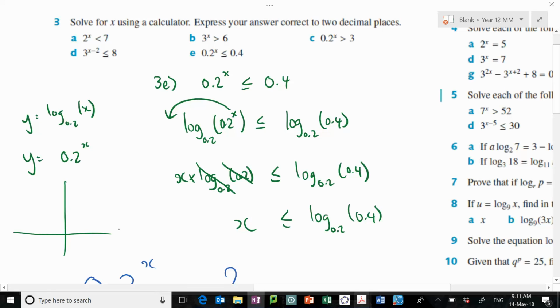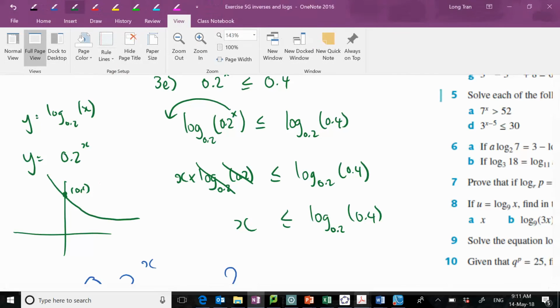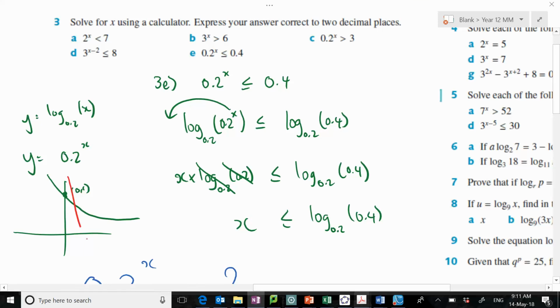Analyze that graph. Now 0.2 to the power of x will look like this. Decreases, but the y-intercept is still (0, 1). So if you draw the inverse function to this, which I'll do in red, it's still (1, 0). So if you do (1, 0) there, and you ask yourself, where's 0.4? 0.4 is somewhere over here. It's obviously positive. Y values are positive. So this one is positive.